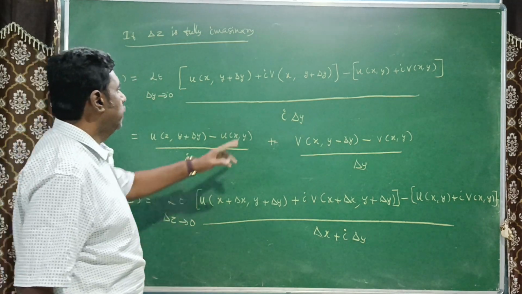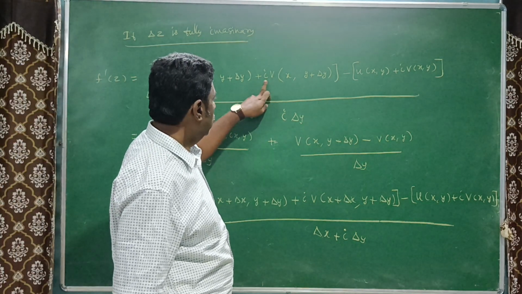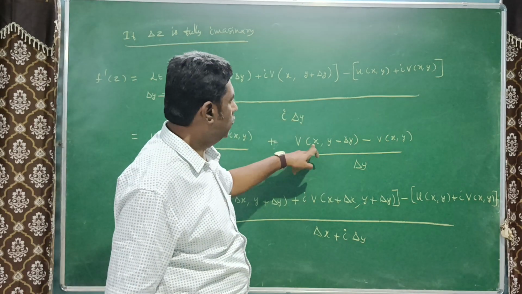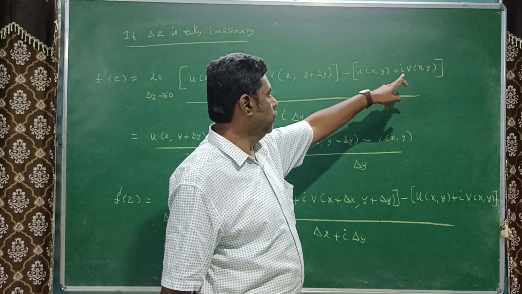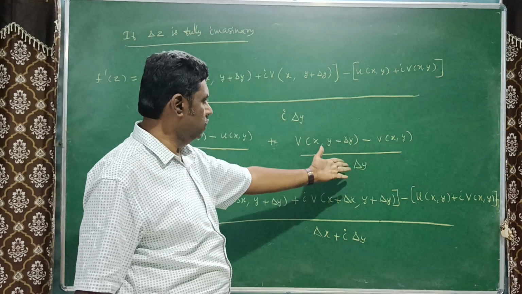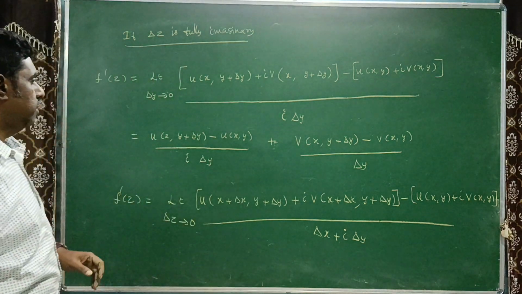If you take i outside commonly, i into v of x comma y plus delta y minus v of x comma y whole divided by i gets cancelled. So this is real term, this is imaginary term.